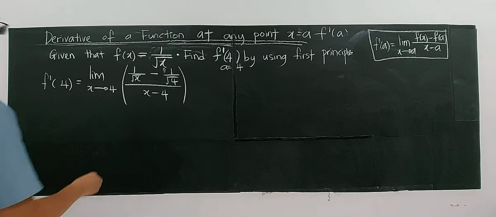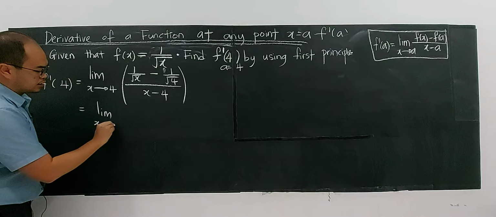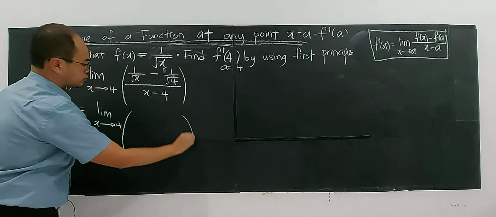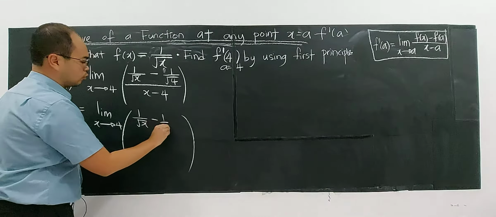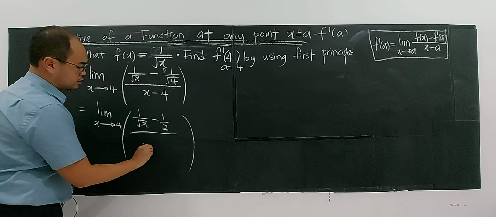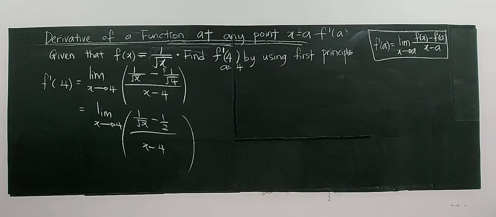Okay, so now we evaluate the limit as x approaches 4. So this one you will have 1 over square root of x minus 1 over 2, over x minus 4. Now what we should do is equate the denominator here.